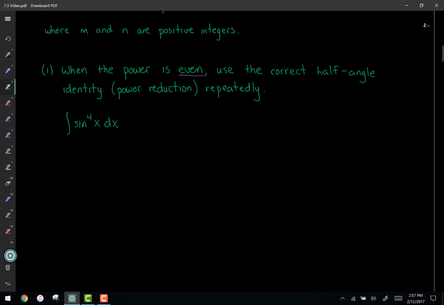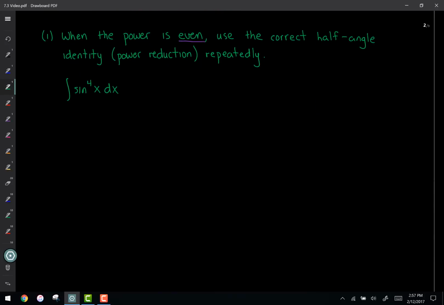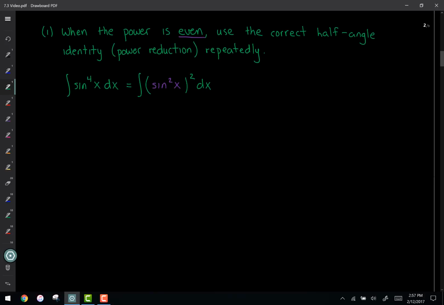Okay, so let's look at this guy first. So we have sine to the 4th x dx. The first thing I'm going to do, just as a visual representation here, is write sine squared x, all squared, dx. Now let's use the power reduction formula on that purple sine squared x.